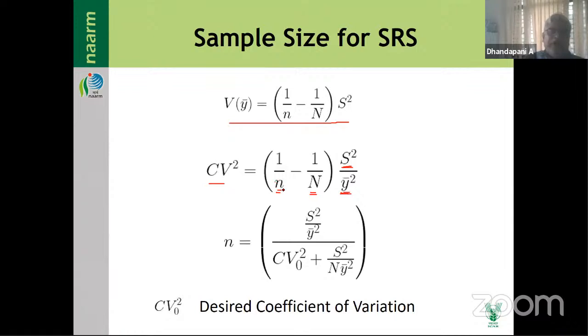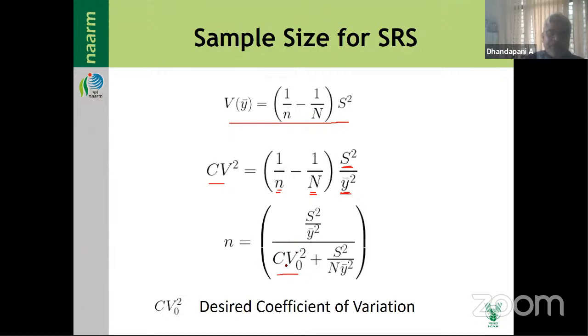One way to address this question is to ask what our desired coefficient of variance, or the square of the coefficient of variance, is. If you solve this equation for n, this is the kind of equation you will get. This is the population coefficient of variance squared, and the same quantity multiplied by the population size, and this is your desired CV.